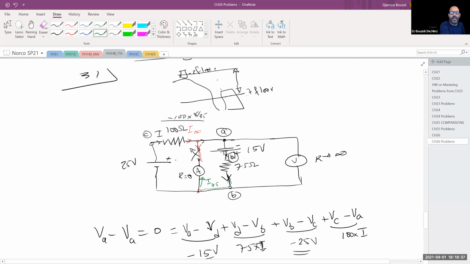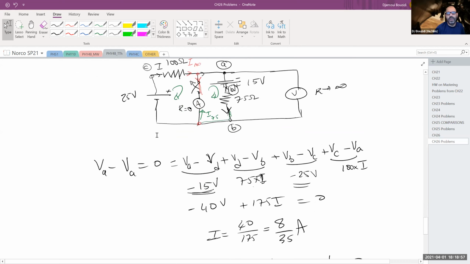So I'm going to take this loop in here. This is the direction of the current, so I'm in good shape. I'm going to take both of them clockwise. I'm going to go through the first loop. I'm going to start from A, to A it's 0, but I'm going to go through C for this loop.